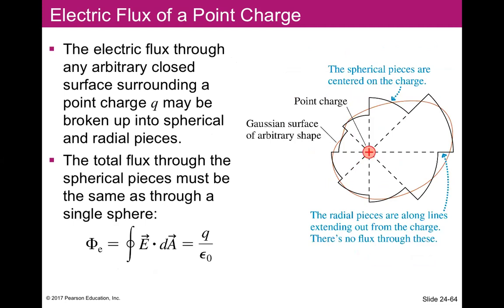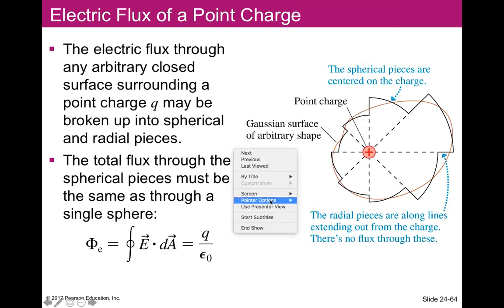So here, the electric flux through any arbitrary closed surface surrounding the point charge Q is the same, actually. For example, if you have a point charge here, you can draw different types of surfaces or closed surfaces. Those enclosed surfaces could be called Gaussian surfaces. As long as the Gaussian surface contains this charge, then the flux for such surfaces is the same.